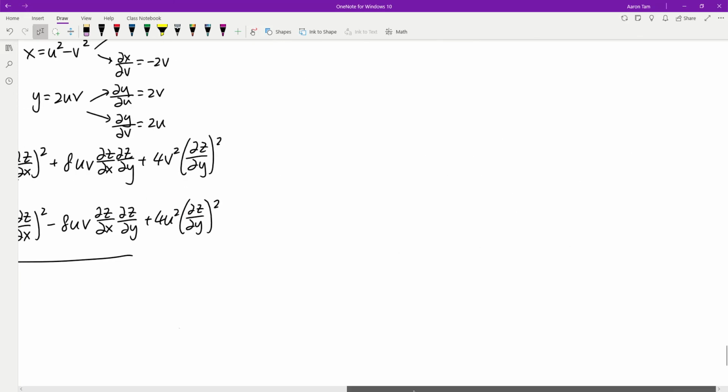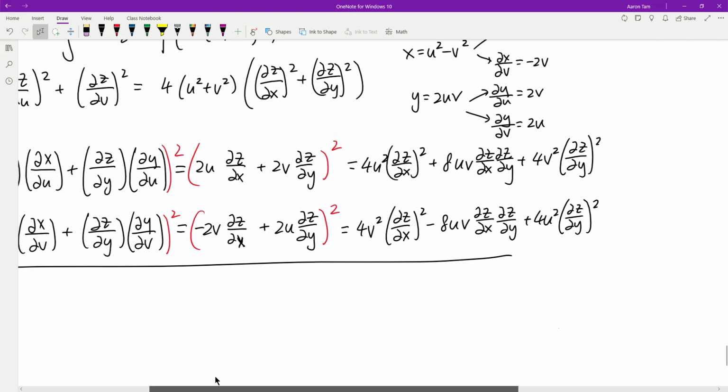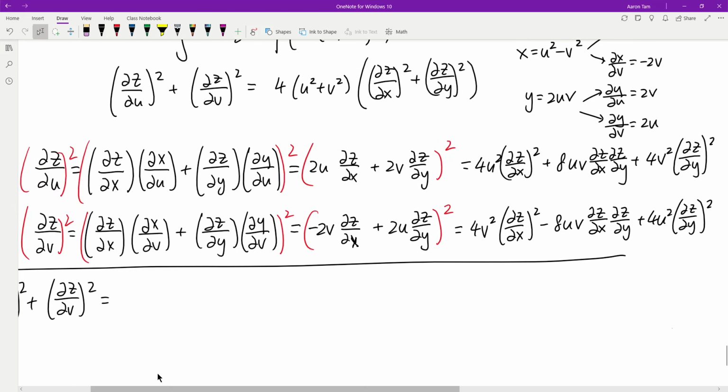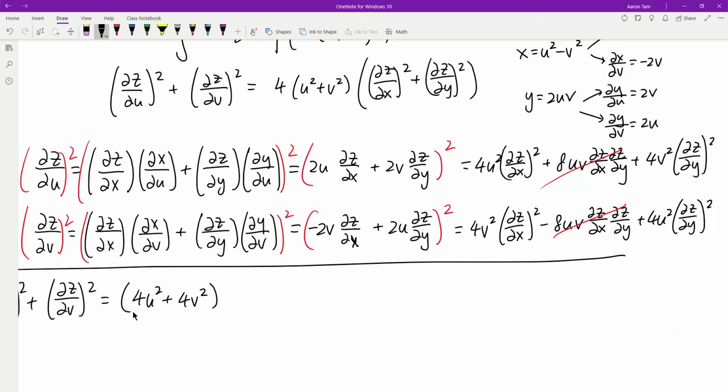Let's find out. On the right-hand side, I'm adding up these two things, and notice that the two middle terms actually cancel out. I can combine the two terms which have dz over dx squared together, and I should get 4u squared plus 4v squared multiplied by dz over dx squared.